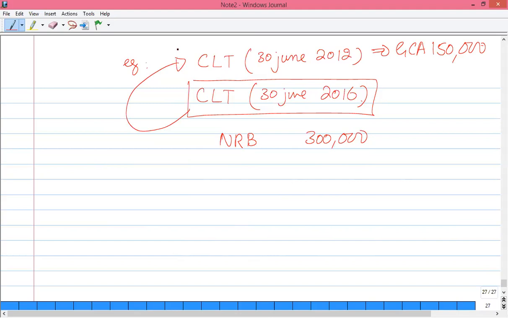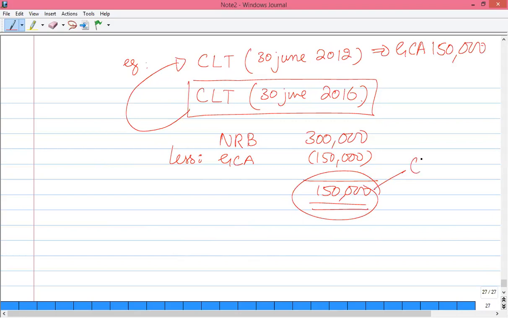Within the previous 7 years there is a CLT with a gross chargeable amount of 150,000. So the NRB is used up by 150,000 and the remaining NRB is now 150,000, which can be used in the CLT calculation.